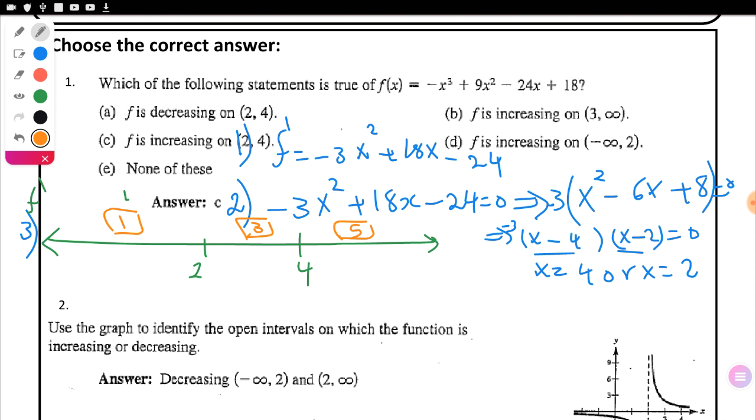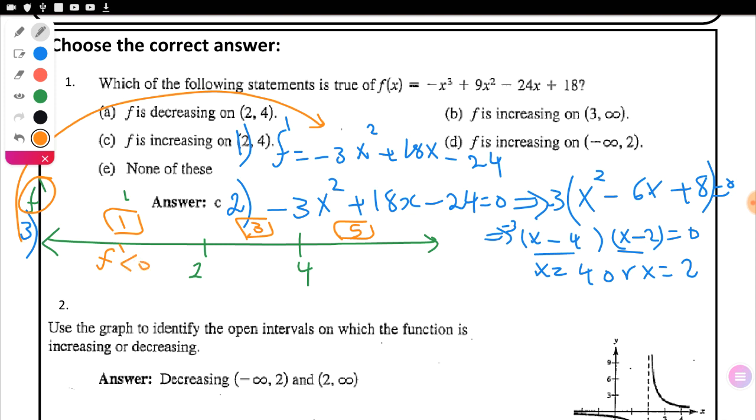Then replace in the first derivative using the calculator. If we take 1, it will be negative 27, the first derivative is negative. I don't care about the value, but I care about the sign.